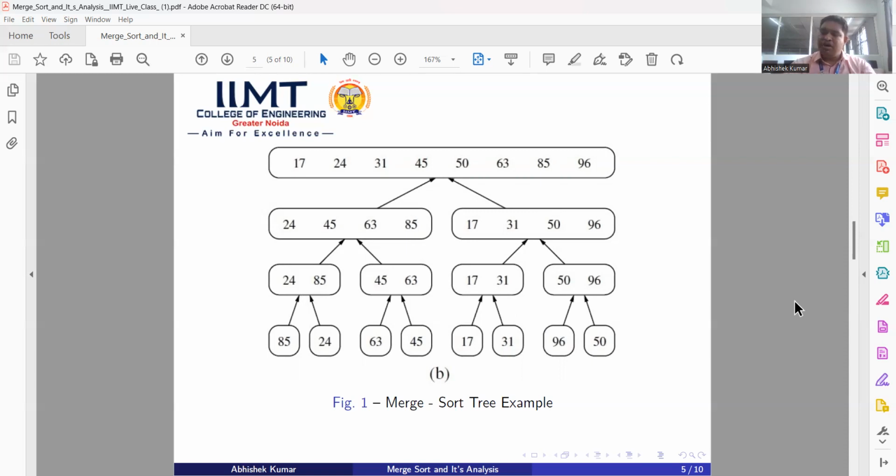Now we can see that in the case of divide, we are following the top to bottom approach, but when we are doing the merging operations, we are following the bottom to top approach. There is one prerequisite for merging. If you want to merge 2 subsequences, the important condition is that both subsequences must be sorted.